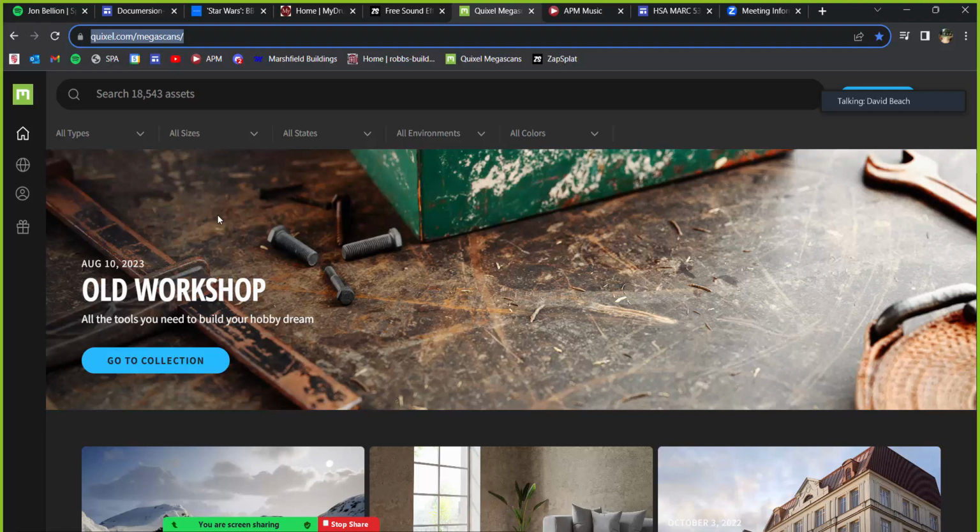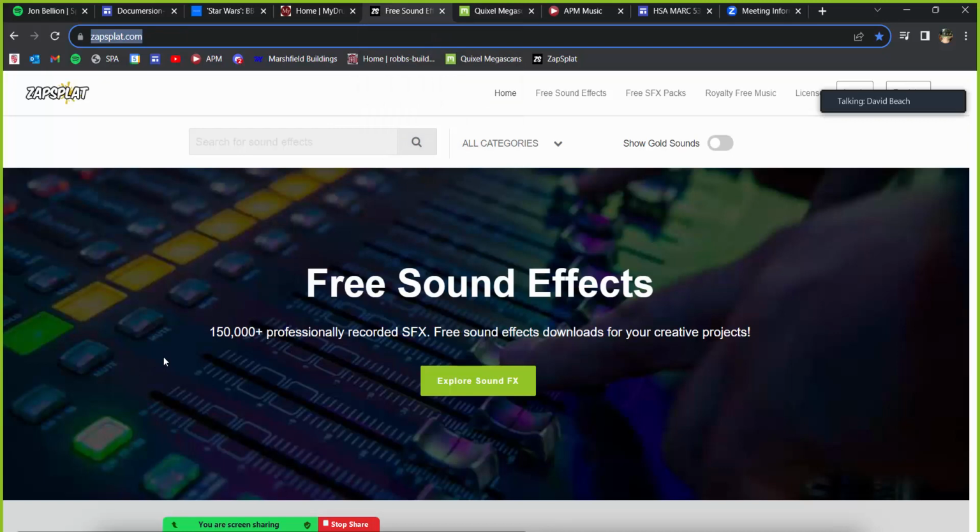So really get to know Quixel. You should have a mastery of Quixel for sure this semester, and really understand how to utilize it as a source, both for textures and for 3D objects. Zapsplat. Zapsplat is exactly what it sounds like.